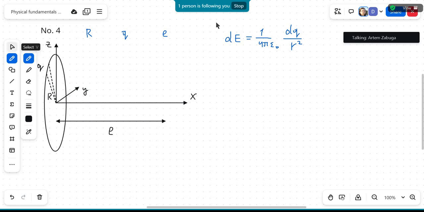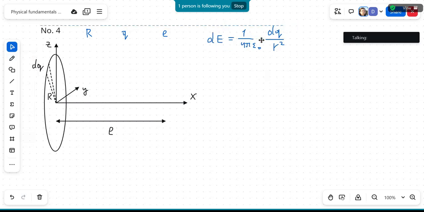Okay, so in this way we can define the infinitely small part of the ring as a point charge.